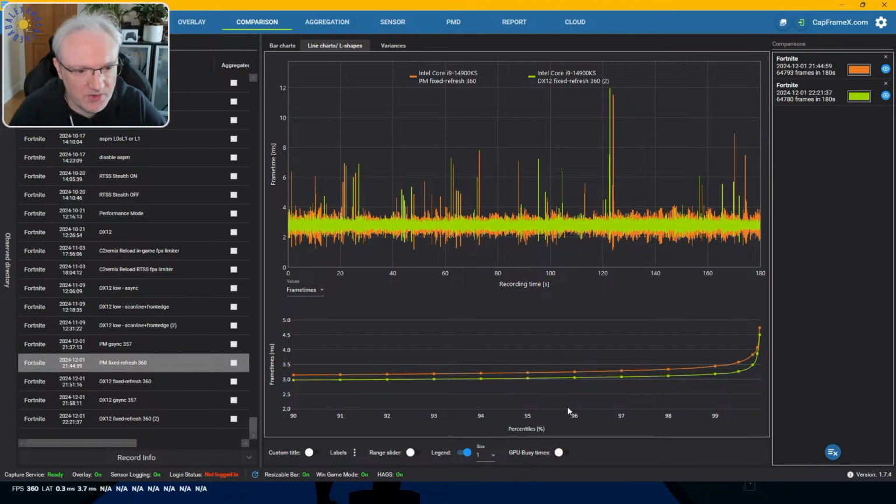See, the frame times on here are lower for the green one, which is DX12. So we're actually getting lower frame times. And when we get into the higher percentiles.